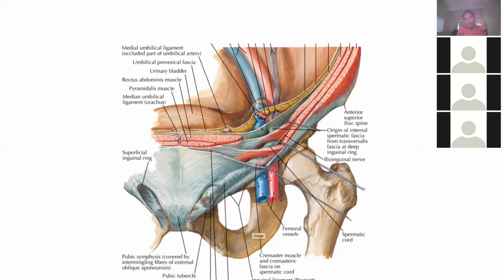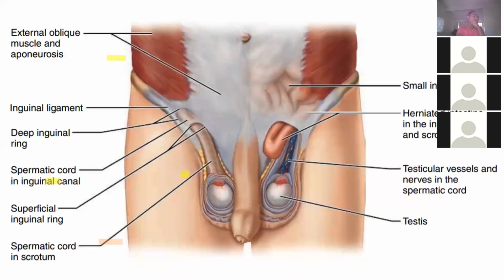I know it is still not very clear, but keep saying it again and again, just keep holding on to it. Finally, in the male, the inguinal canal gives a route for the spermatic cord, which will go into the scrotum.